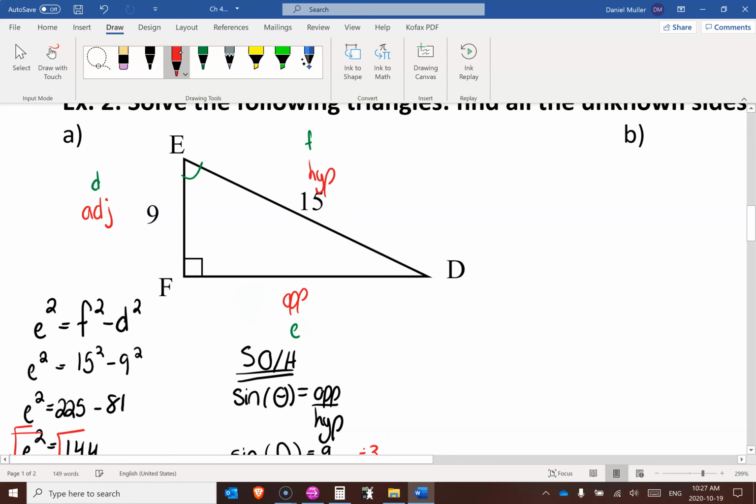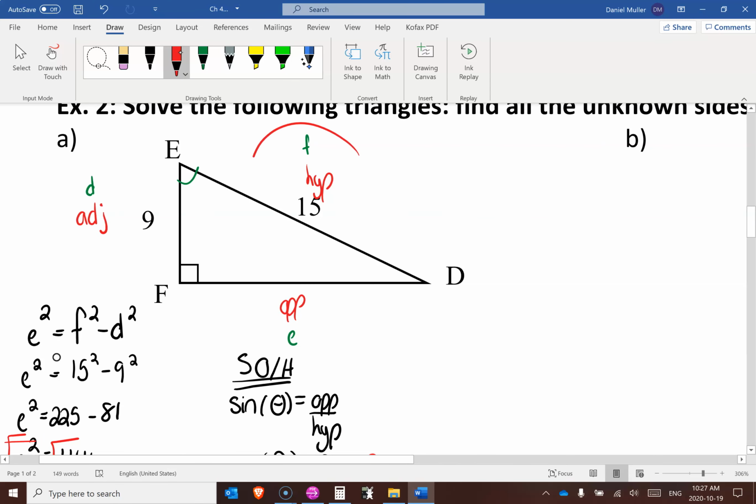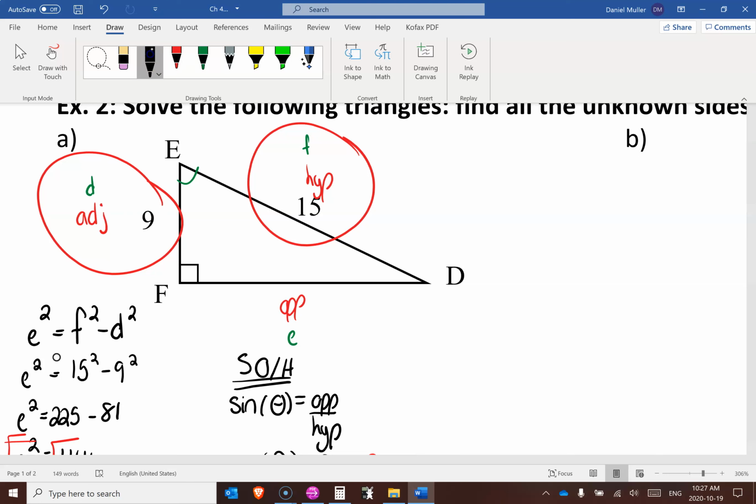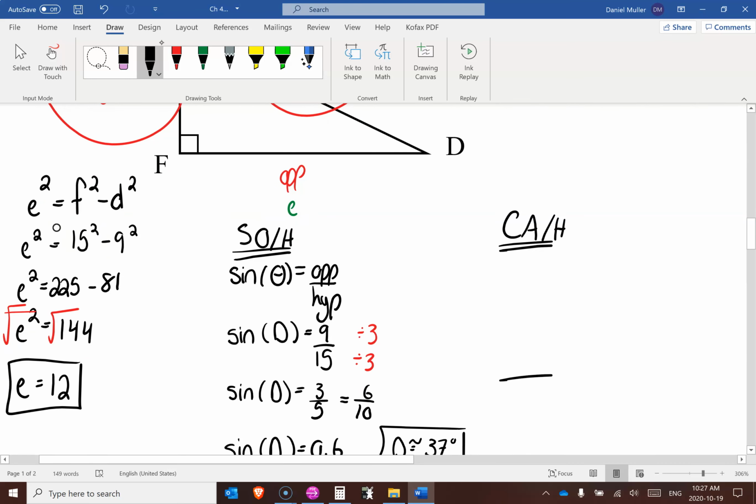And so when you do that, you say, okay, I've got 15, my hypotenuse, and I've got 9. I've got A and H. So I have A and H, which is ka. So cos of some angle equals A, adjacent, over H, hypotenuse.